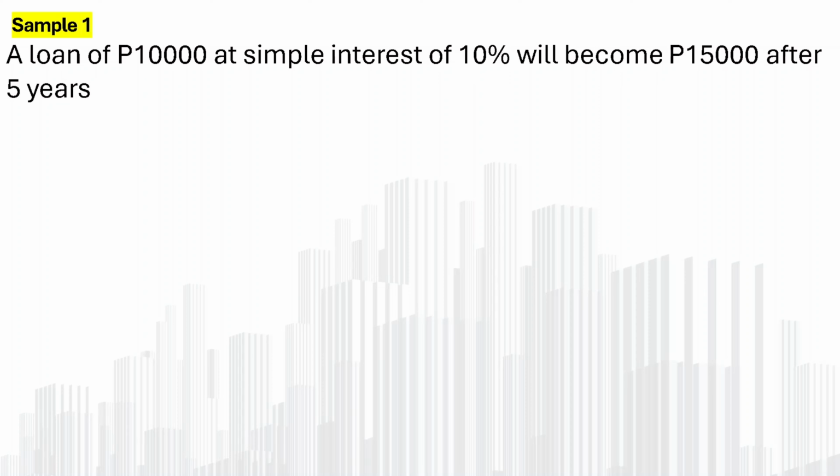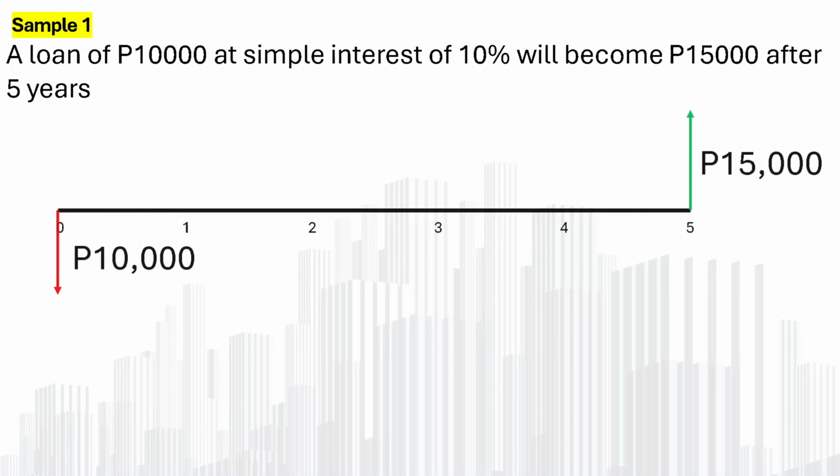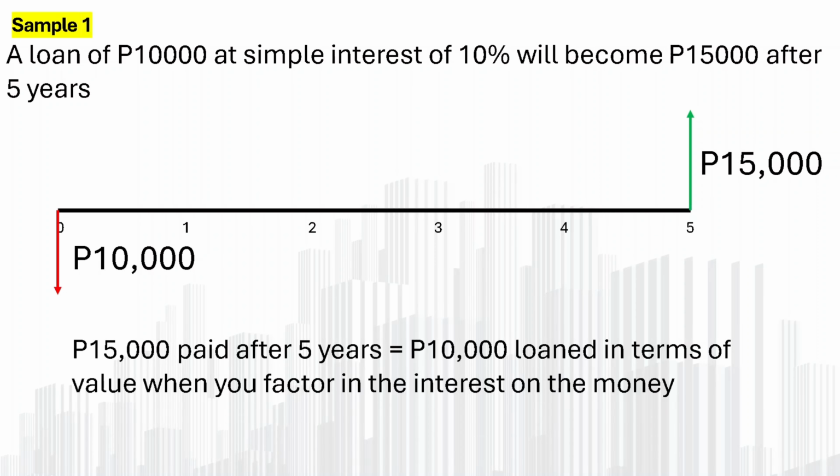If we're gonna represent it with our cash flow diagram, it's gonna be looking something like this: 10,000 and then 15,000. So it's here. This is coming from the perspective of the lender. I want to show 10,000, and then after 5 years, it'll be 15,000. Okay, so 15,000 paid after 5 years.